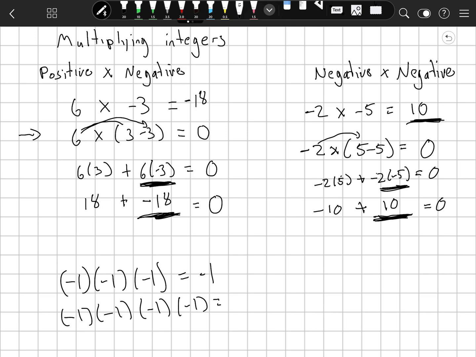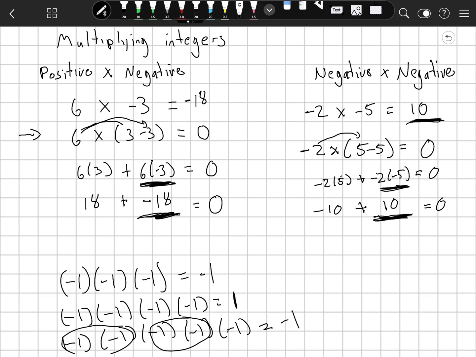Well, we've got two pairs there. Each pair makes a positive 1, so it would be positive 1. And if we had negative 1 times negative 1 times negative 1 times negative 1 times negative 1, that's positive 1 here, positive 1 there, times negative 1, and it would be negative 1.